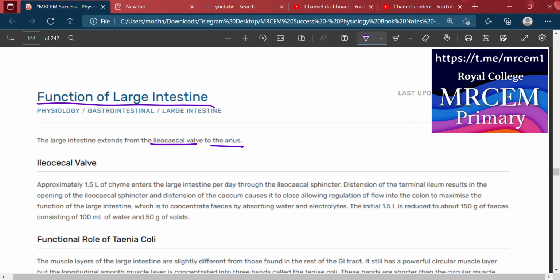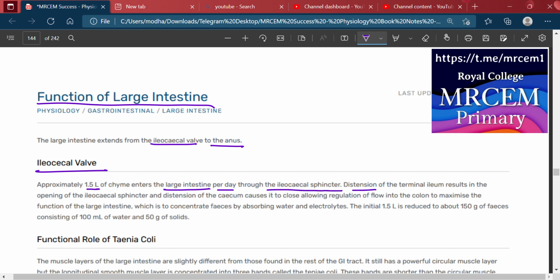Approximately 1.5 liters of chyme enter the large intestine per day through the ileocecal sphincter.